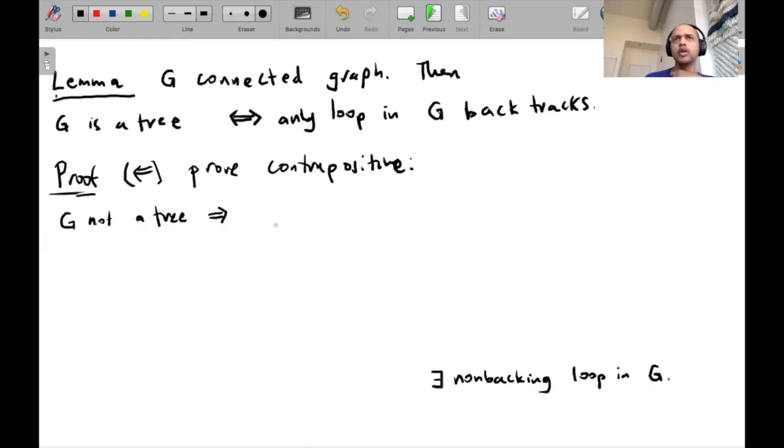So G is not a tree. This means that there exists an edge E, so that G minus E is connected.